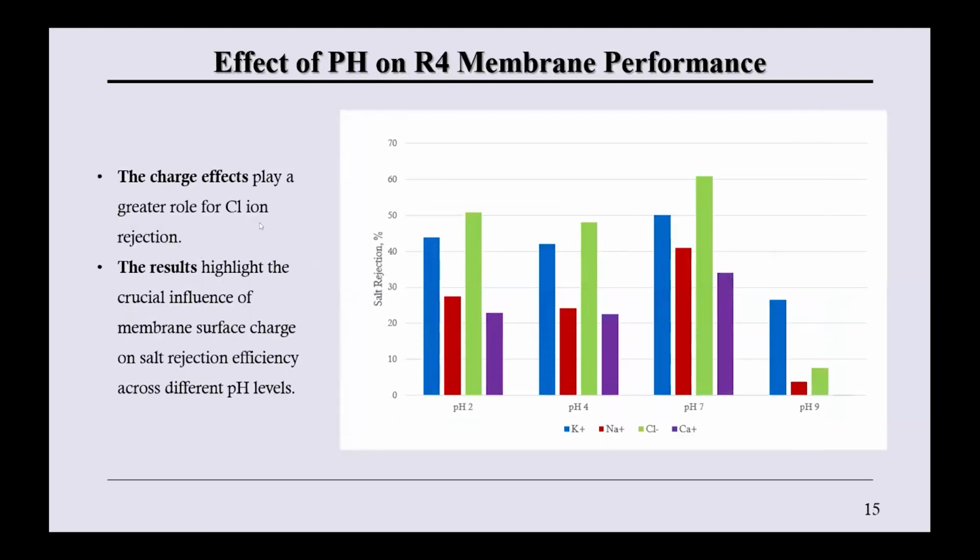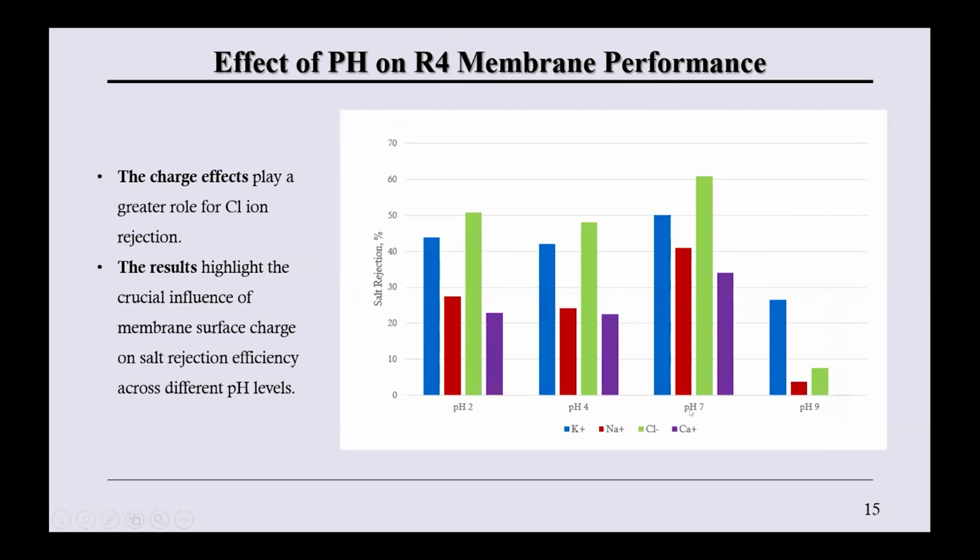Here, we took membrane R4 for more investigation. We studied the effect of pH on membrane R4. As we see here, pH levels can affect the rejection of salts through the membranes.